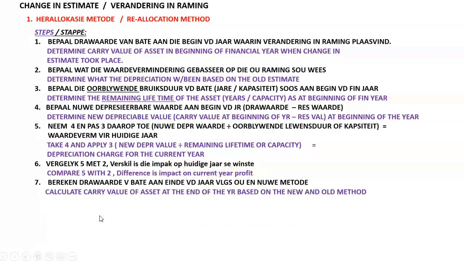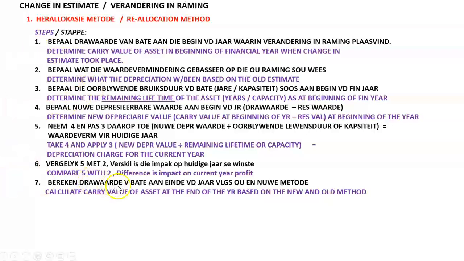Step 7 is I have to tell the reader of the financial statements what the impact is going to be on future profits. So therefore I have to determine how much depreciation I would have written off from the end of the current financial year in the future on the old way of providing for depreciation, in comparison to how much I'm actually going to write off by applying the new estimates in the future.